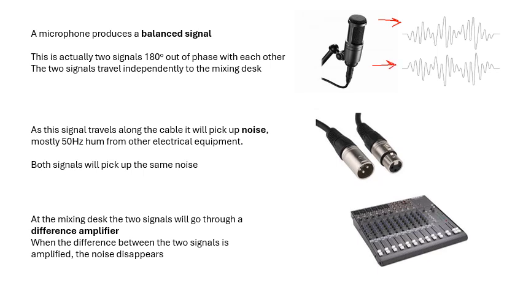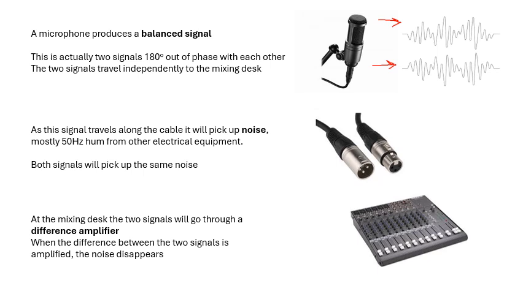Now, as these signals travel along the cable, they pick up some noise, which is usually like 50 hertz hum from amplifiers and power supplies and things. But both of these signals will pick up the same noise. And so the clever thing is that if you get these two signals and you put them through a difference amplifier, then that amplifies the difference between them, and so the noise disappears.